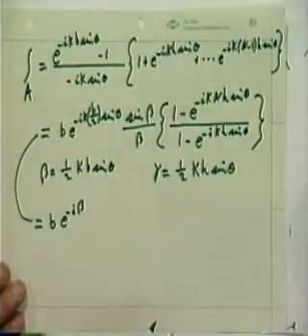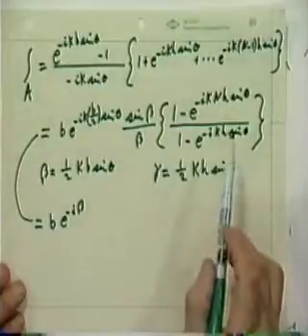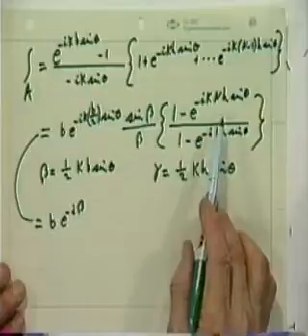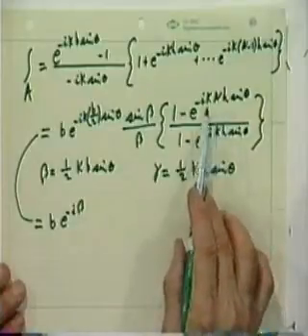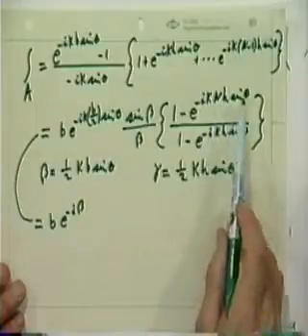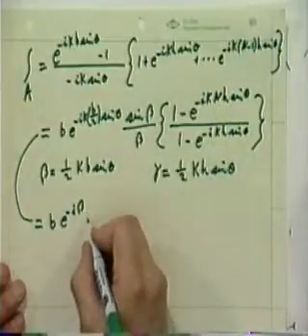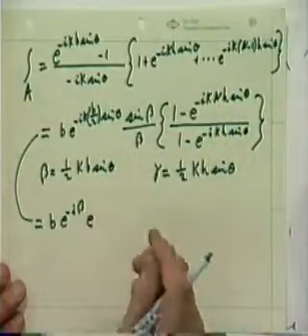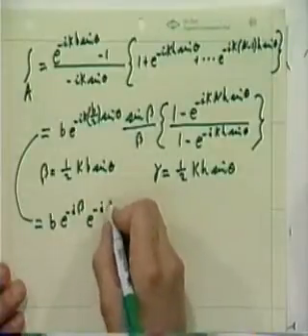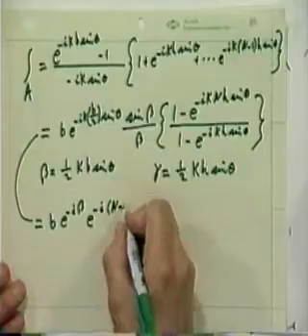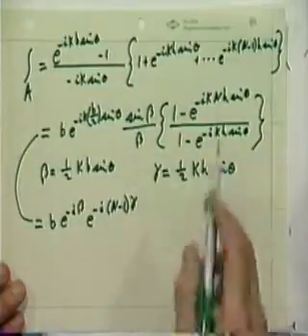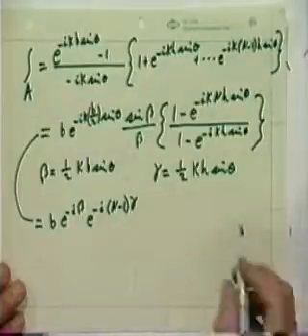And then we have, well, I'll write it down and we'll see if it doesn't make sense here. I'm going to again factor out an e to the minus I k n h over 2 sine theta. So this becomes e to the minus I n minus 1 gamma.